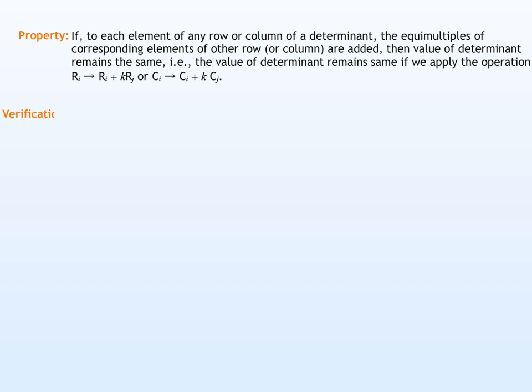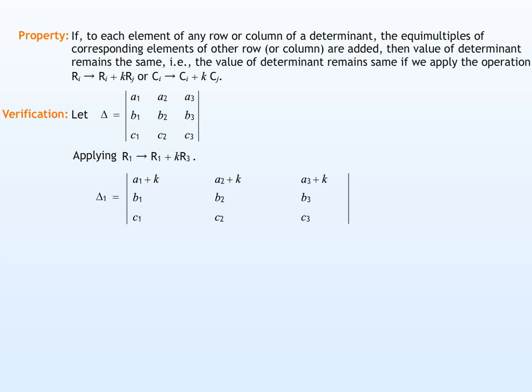Let's verify the property. Consider the determinant delta as shown here. Applying row 1 goes to row 1 plus k times row 3, the determinant modifies as shown. A1 plus kc1, A2 plus kc2, A3 plus kc3.